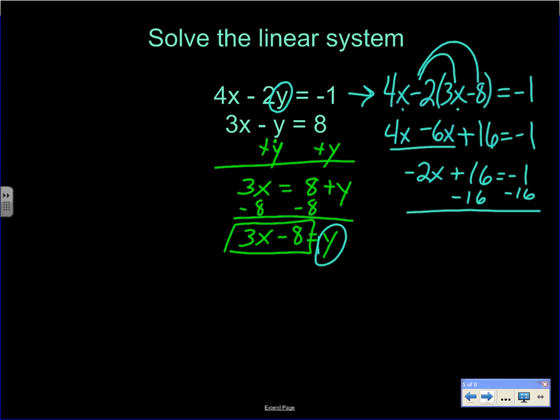So subtract 16 from both sides. You get negative 2x is equal to negative 17. In order to get x by itself, you divide by -2. X equals 17/2. You got it.